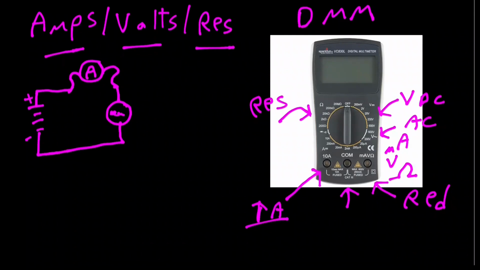To measure voltage, you do not put the voltmeter in series. So let's put this here. It's the positive end of the battery. It's hooked up to our light bulb. You're going to use the positive end of the voltmeter.